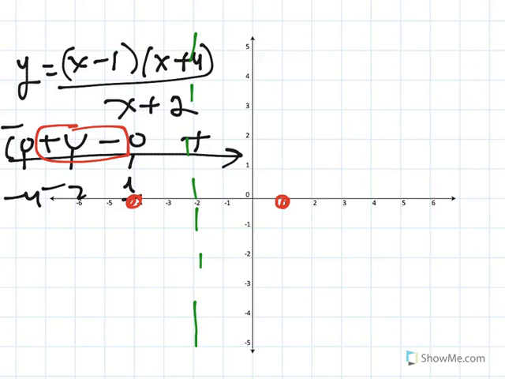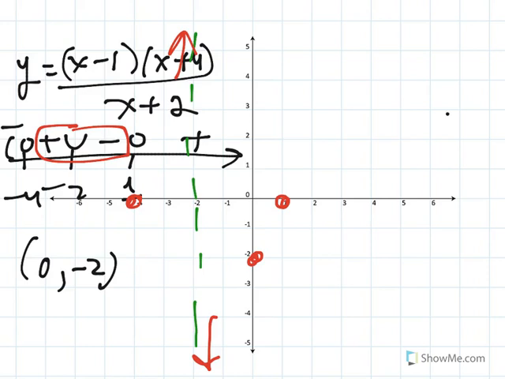A u with a plus on the left goes like that, and a u with a minus on the right goes like that. And also useful is to plug 0 in, and you get negative 1 times 4 is negative 4 over 2 is negative 2. You can't get that off of the sign chart. So it's not very promising here. I have some stuff, but I don't really know what to do at this point.